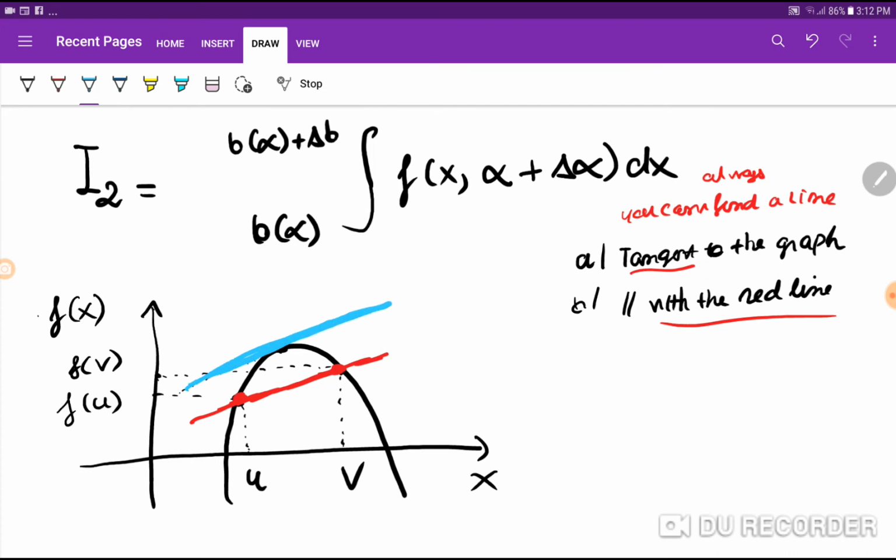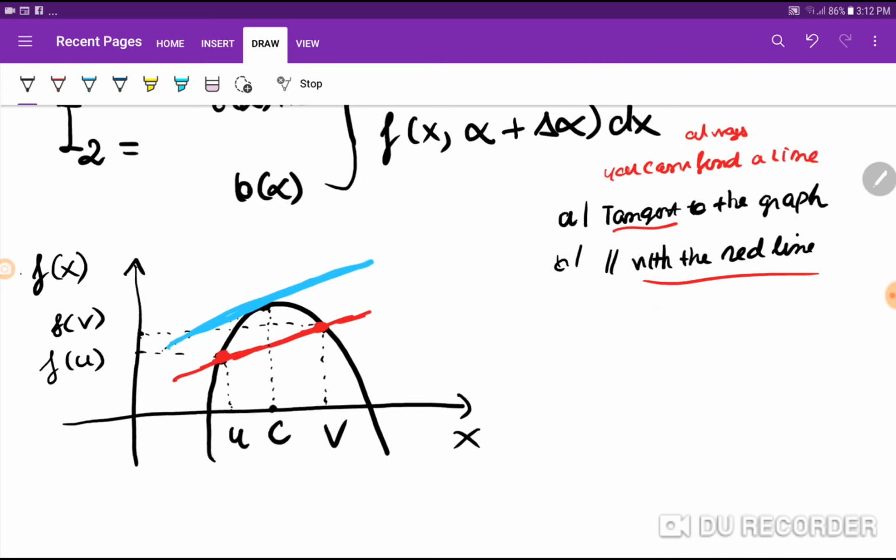Let's call this point C. What you find is the blue line parallel with the red line. I'm missing the white, sorry Americans, there's no red, white, and blue, it's just blue and red today. But I hope to find a white color next time.